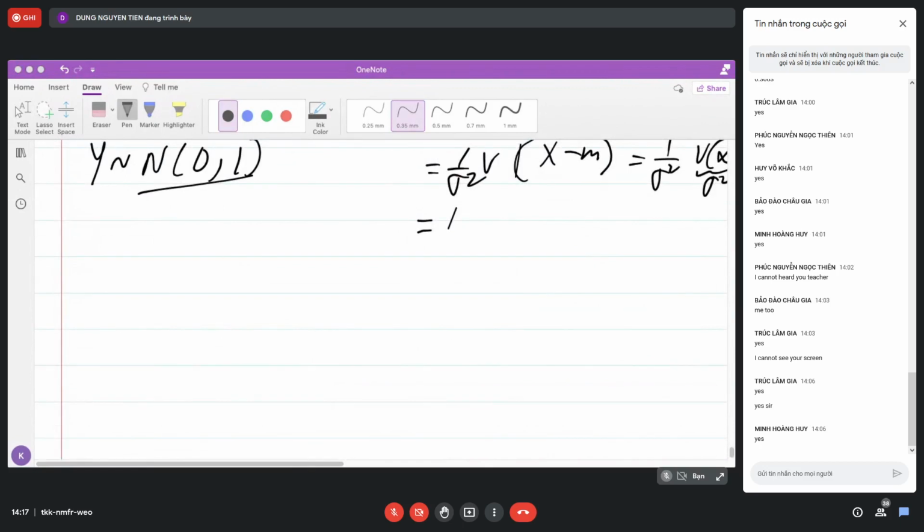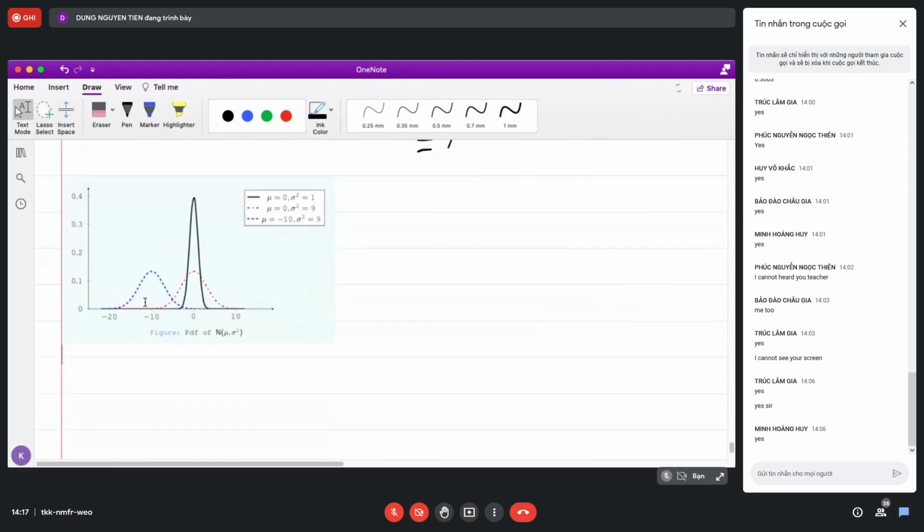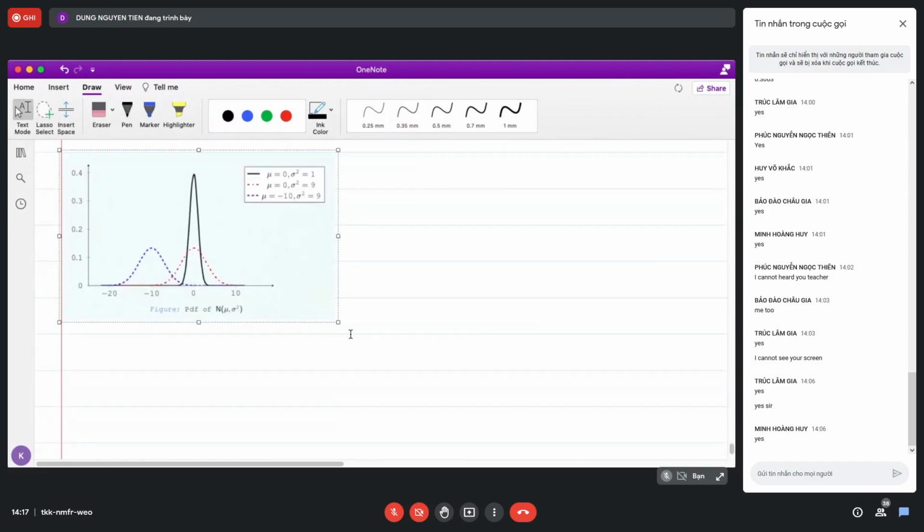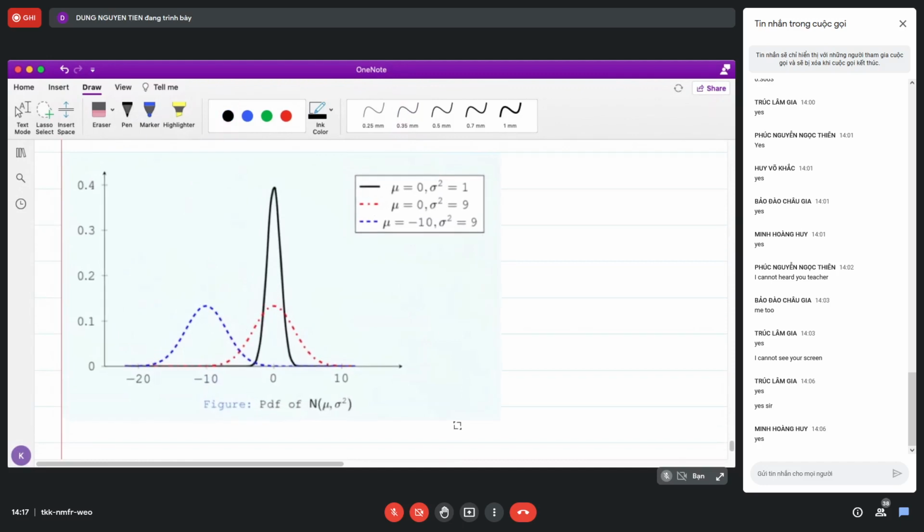Here are some graphs of normal distributions. If the mean is 0 and the variance is 1, then you get the black curve.